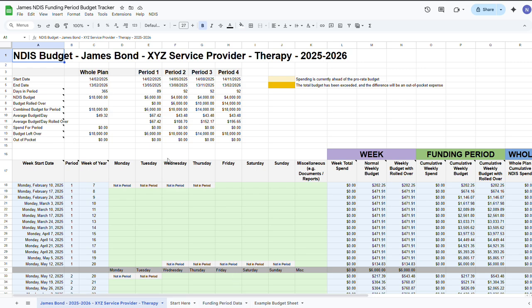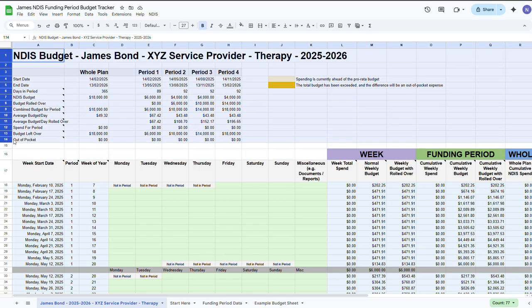So the first thing you'll see is the sheet is divided into a header, which is this part here. And essentially that contains a summary of the information for the whole budget and each period.